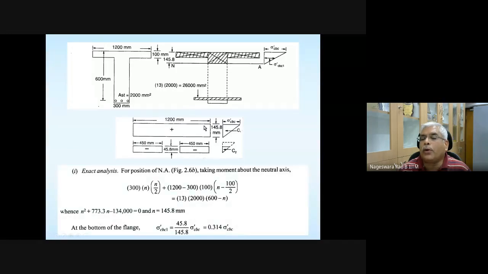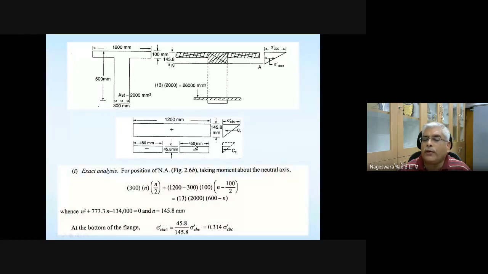So if I want to get the total compression, here it is denoted with C1. Total compression over this area is 1200 multiplied by 145.8 multiplied by half sigma CBC prime. You agree with that, C1? And what about C2?